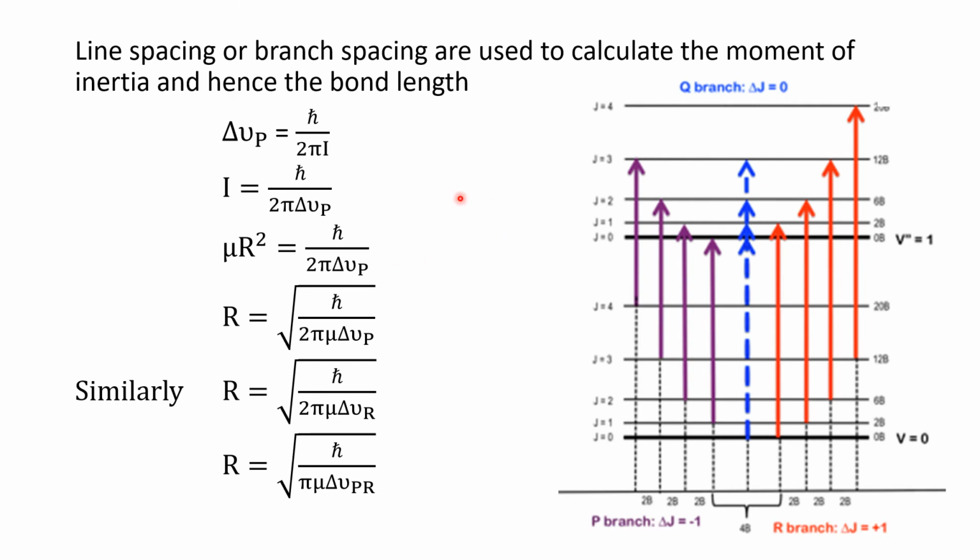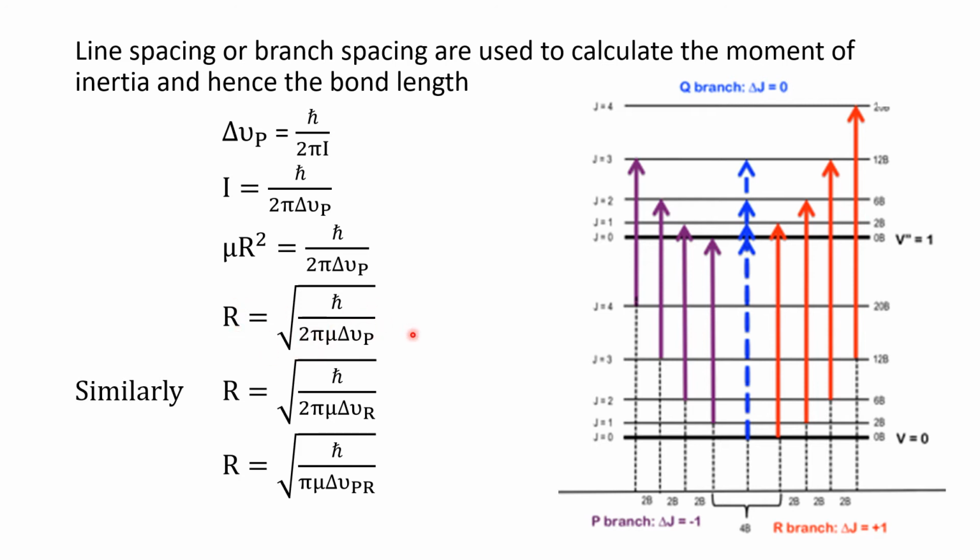Now, as far as the calculation of the moment of inertia or bond length is concerned, for example, the spacing between the P lines is this one. So we can bring this I over here and delta nu P over here. I, we know, is equal to mu R square, and this R is equal to this one.